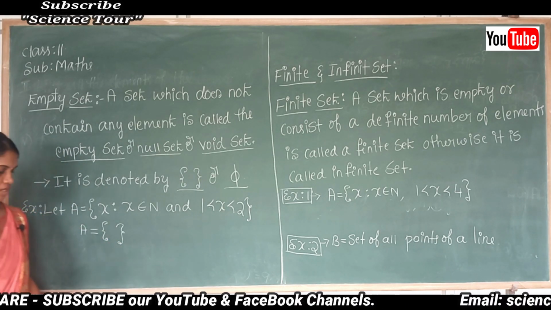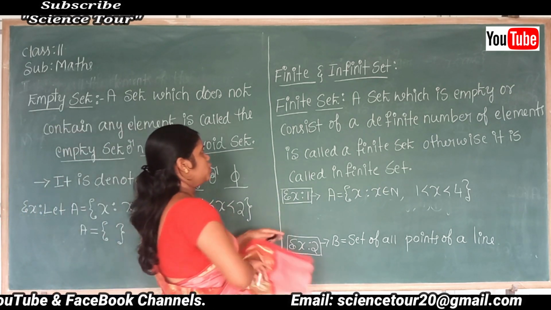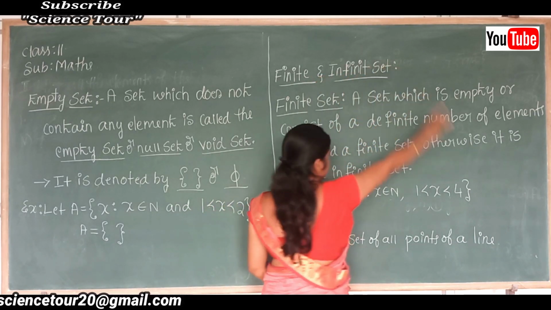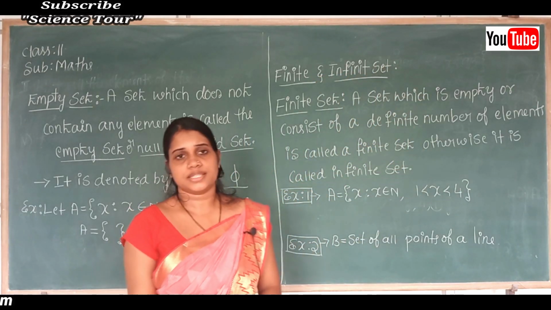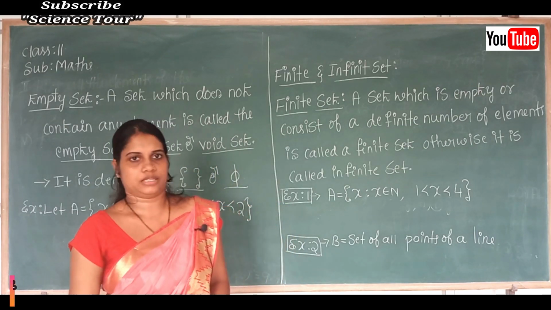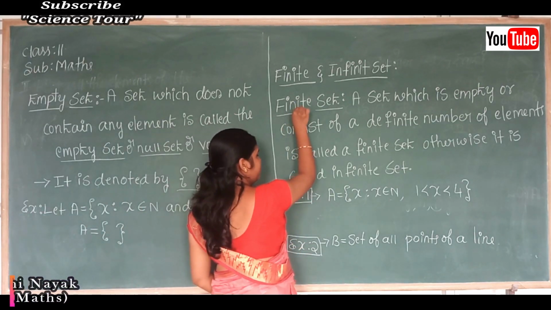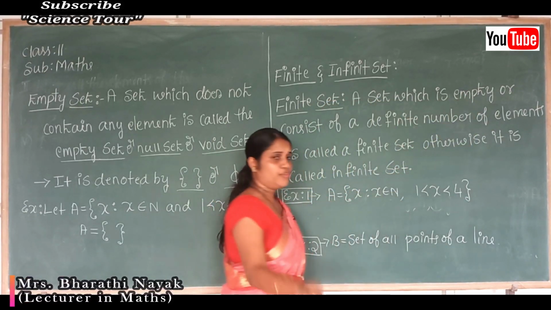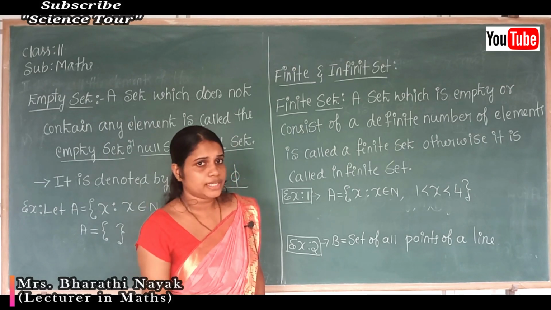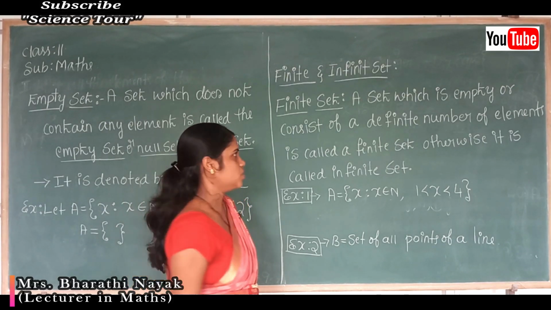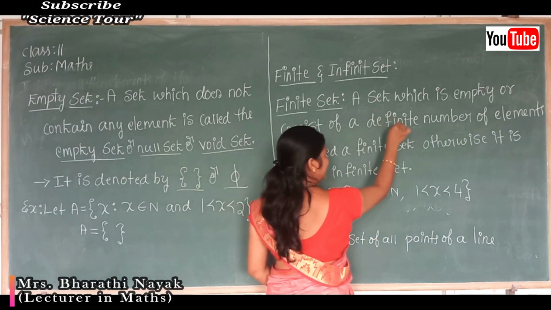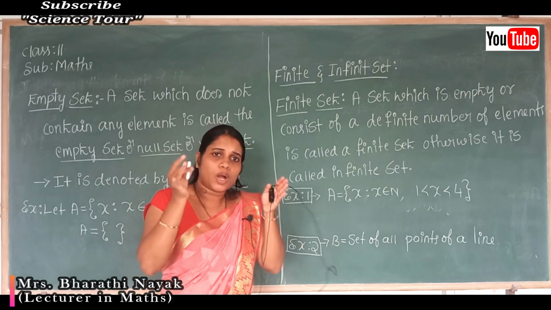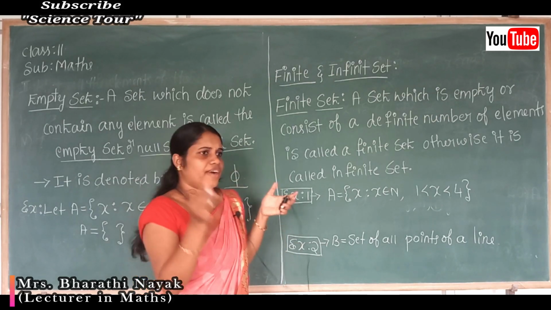Okay. Yes. So, similarly, the next important definition, that is about finite and infinite set. Okay. What you mean by finite set and what you mean by infinite set? Okay. Yes. So, the name itself indicates finite set means a set which is empty. If your set is empty, then we will also call it as a finite set, or another condition, it consists of a definite number of elements, some countable number, or finite number.